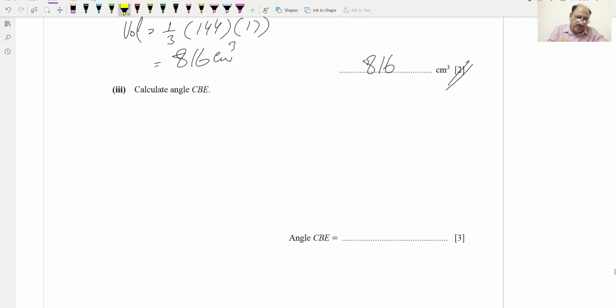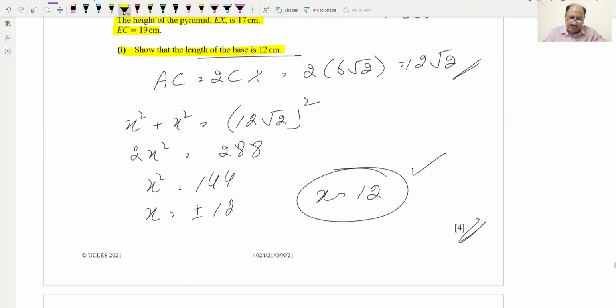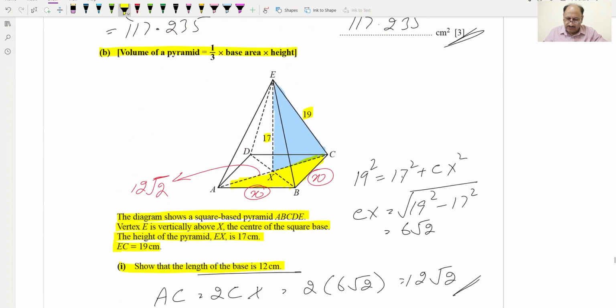Now they are saying calculate angle CBE. First we need to figure out the CBE angle, which will be this angle. Now if I separately draw the same triangle, one side is 19, and this is basically a triangle like this one.